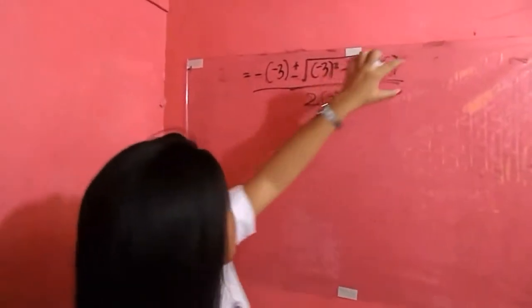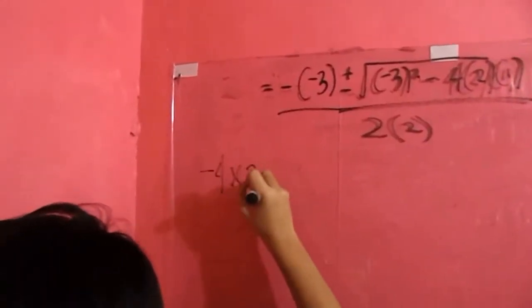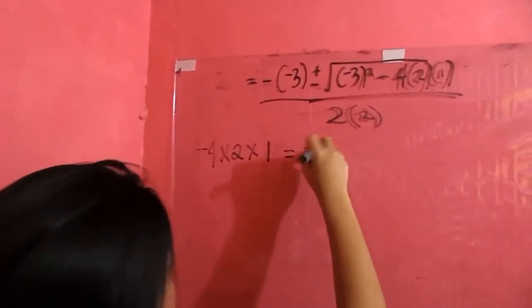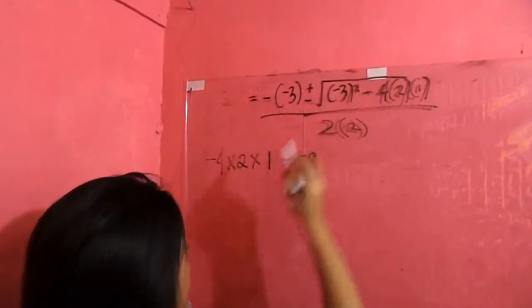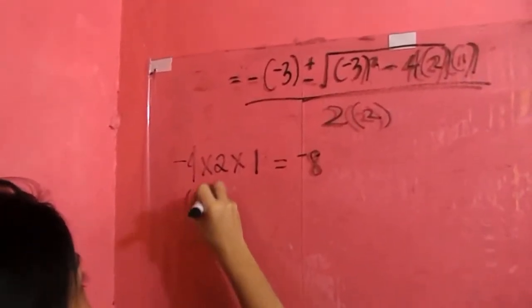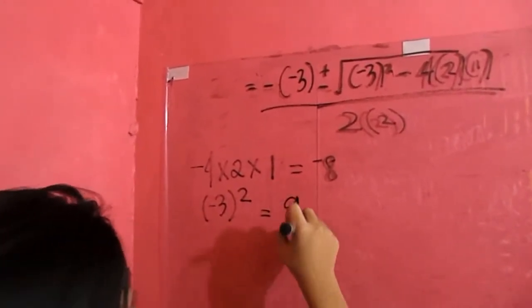Let's solve this part first. Negative 4 times 2 times 1 is equal to negative 8. Negative 3 squared is equal to 9.